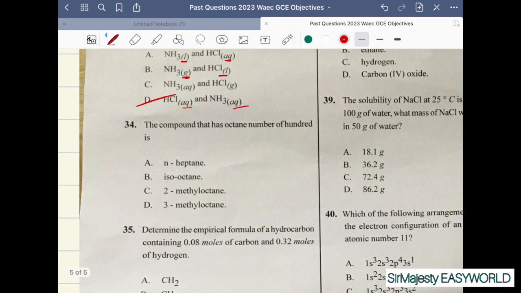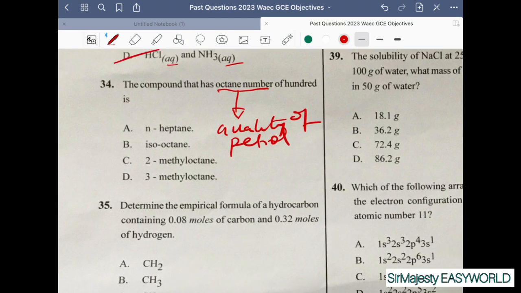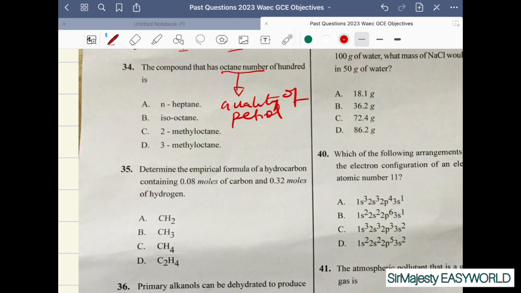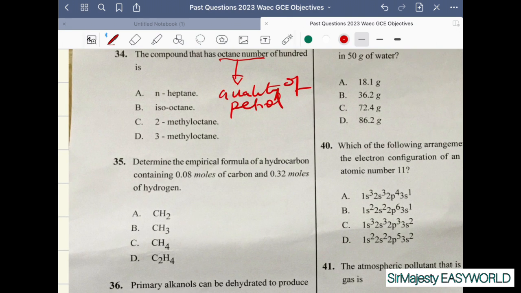Number 34 says the compound that has octane number of 100 is. Octane number is the number used to ascertain the quality of petrol. There is what we call knocking and anti-knocking agent. Some of the noises we hear from our car engines as they move and combust this fuel is what we call knocking, and it is a sign of using poor quality petrol.